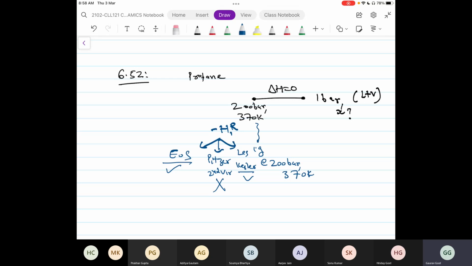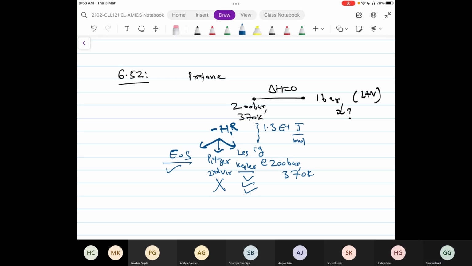Because the pressure is too high, you can convert it to PR, TR. You would see it is well outside the range of the validity of Pitzer second virial correlations. Okay, so in this case, I've used Lee-Kesler. So you go to the tables, and the value I obtained was 1.3 into 10 to the 4 joules per mole.